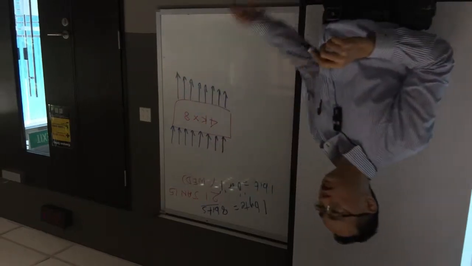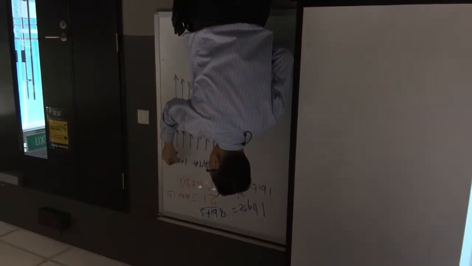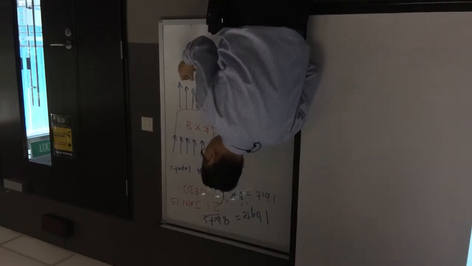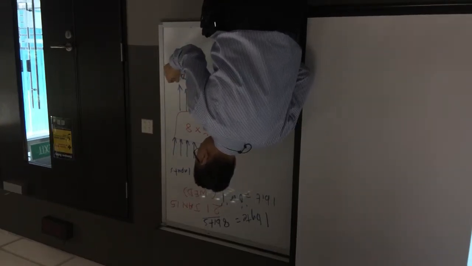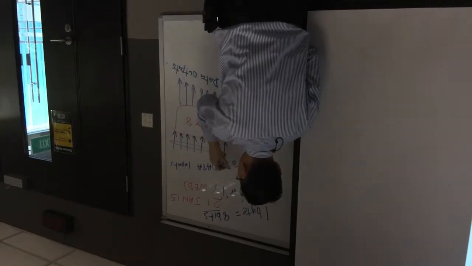Okay, agree? So what does this blue arrow mean? This is the data input. Okay, be precise. This is your data output. There are 8 lines here, from here to here. 8. Alright?